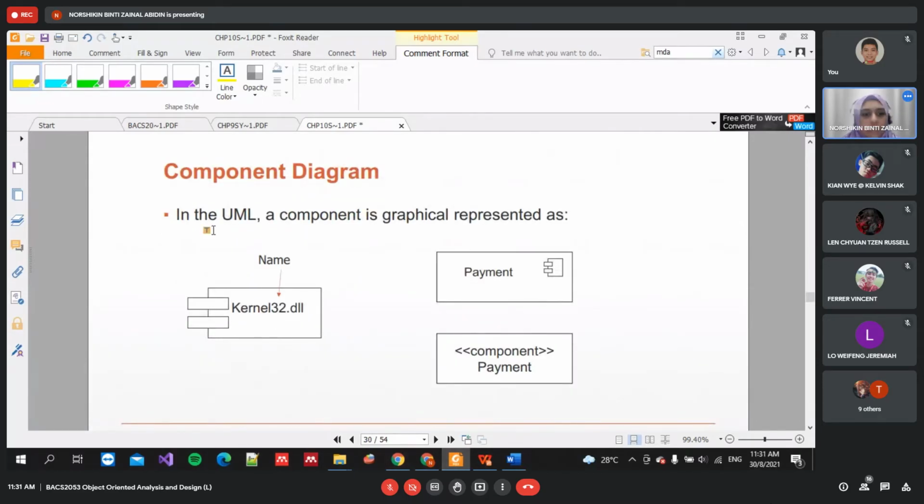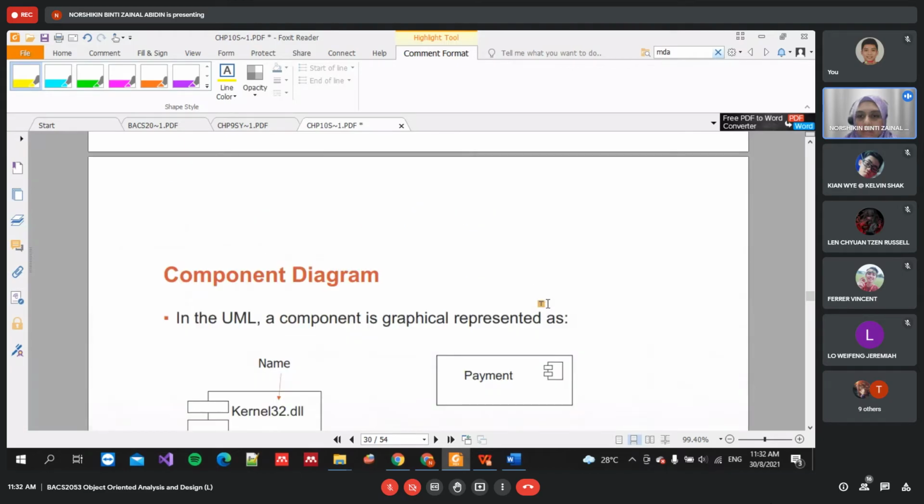In the UML, a component is graphically represented like this. This is an example of a component. As you can see, there's a component for payment. Here they didn't state what the component is; it can be the client or the supplier.